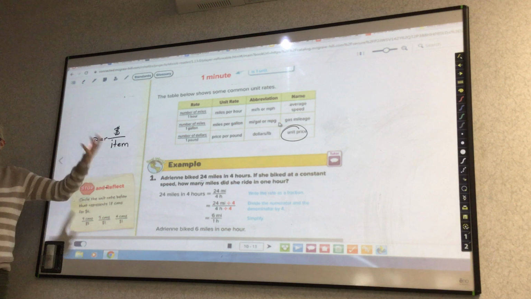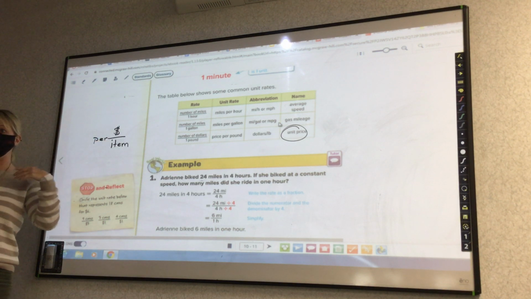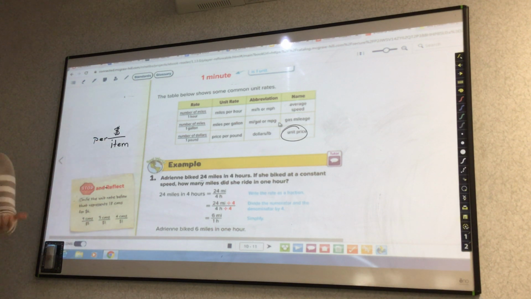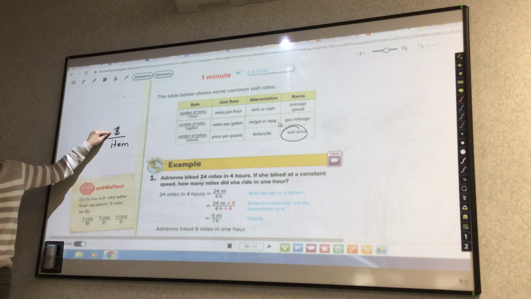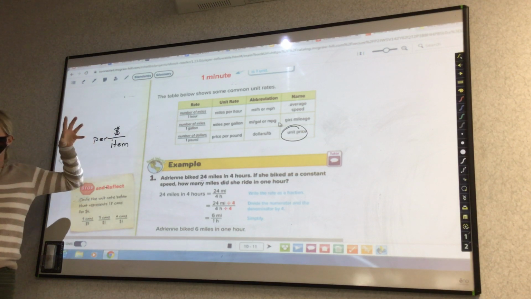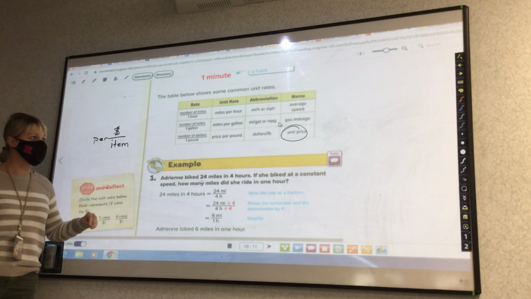So I might have cost per pound, cost per apple, cost per ounce, cost per hour, cost per box. Whatever it may be, the cost dollar amount will always be on top. Okay? You guys got to remember, when I'm ever setting these up, dollars is on top.